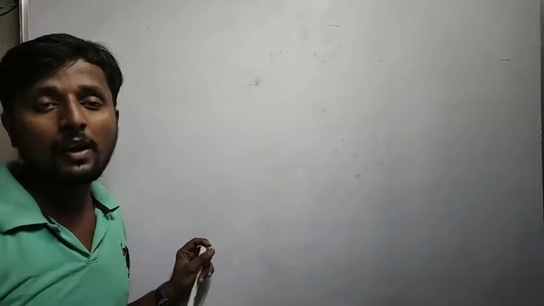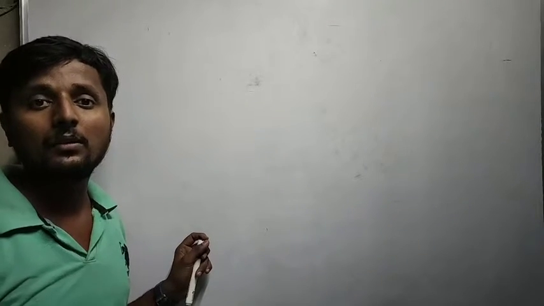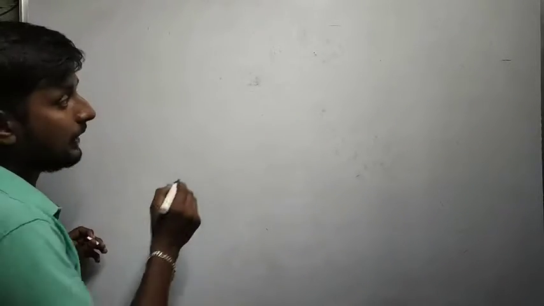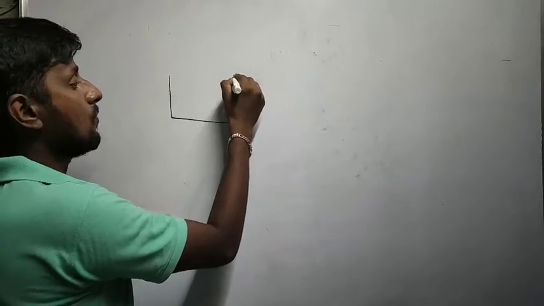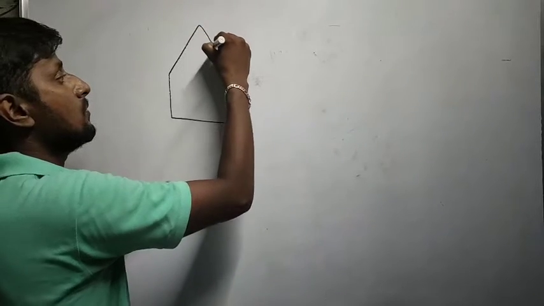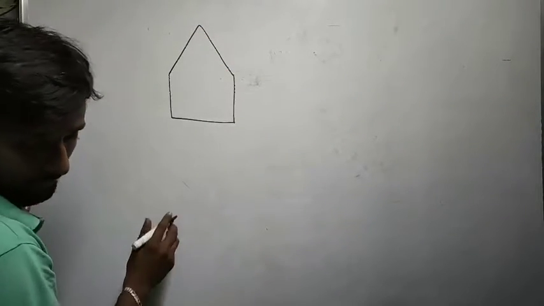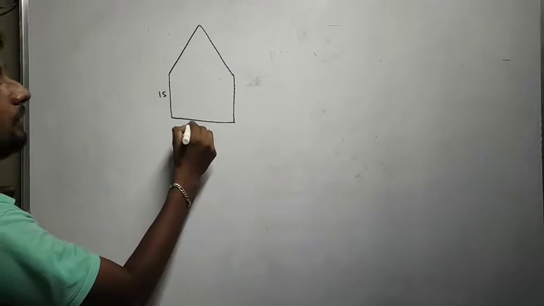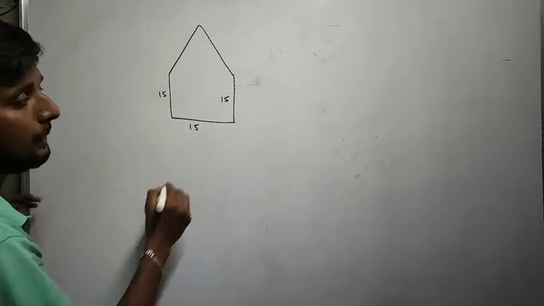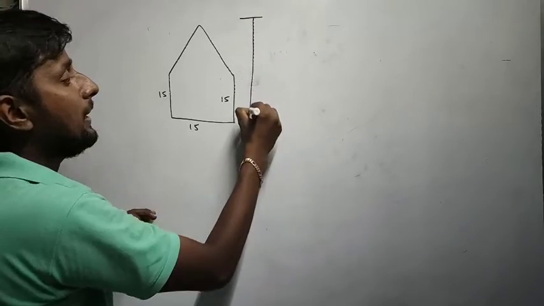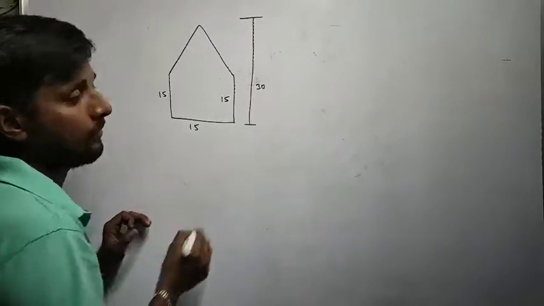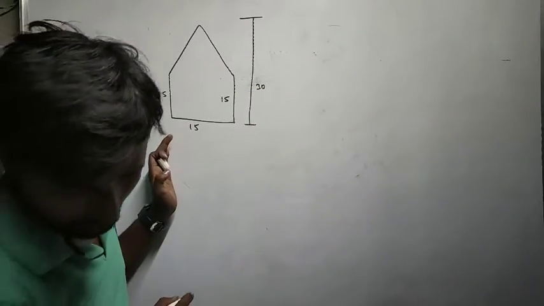So finally we have to check whether they got the same answer or not. It's a diagram. So measurements are 15, 15, here also 15, and overall height is 30.